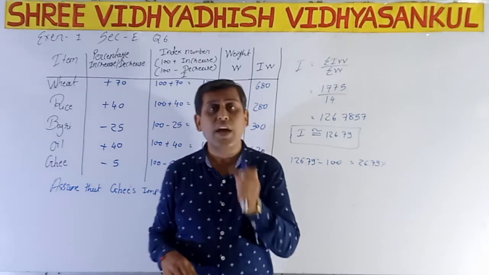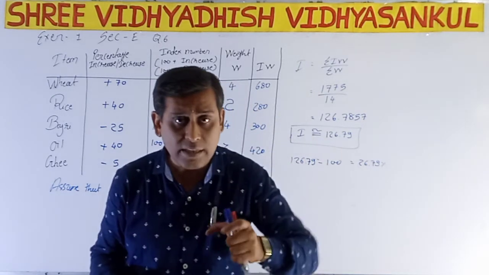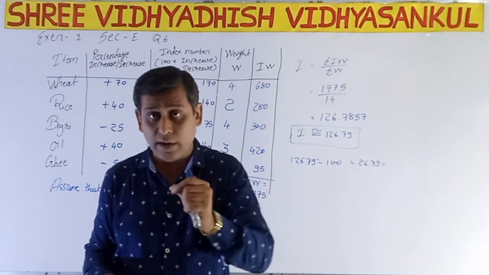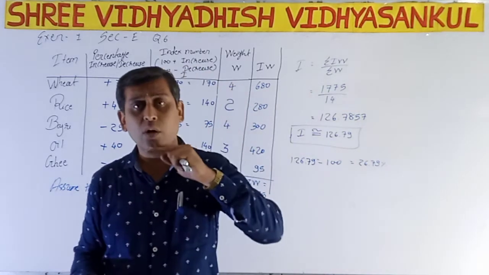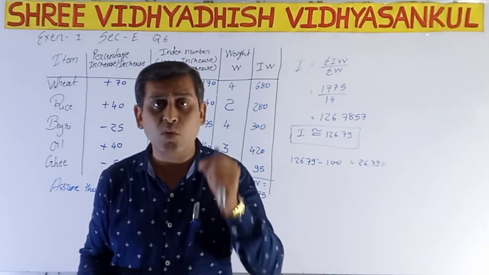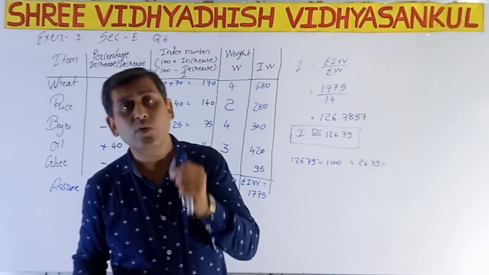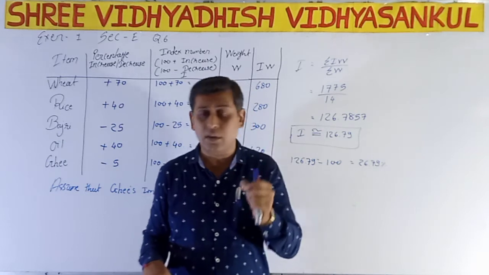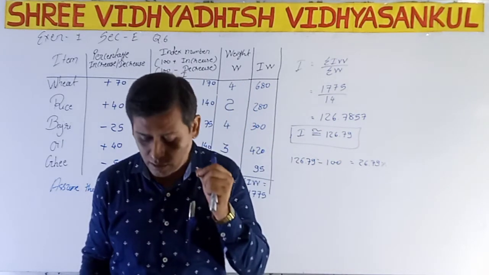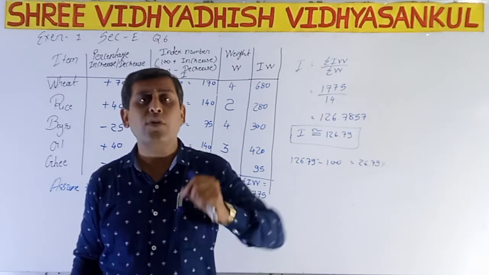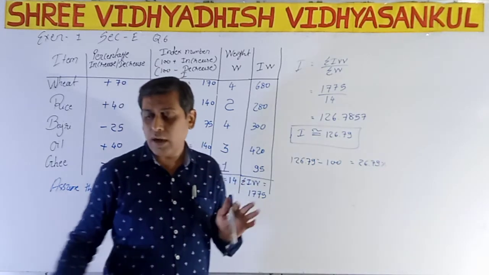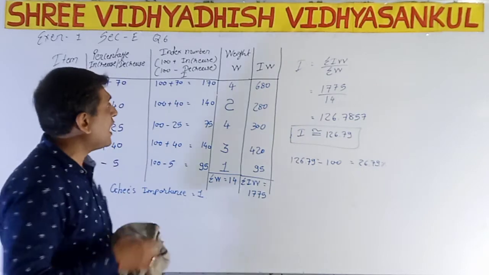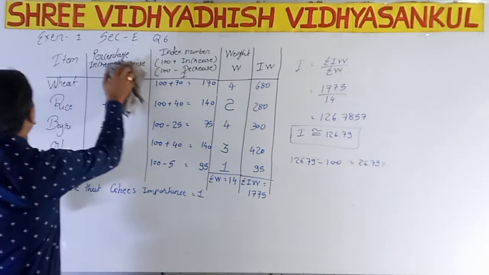That's why we have to convert that price by dividing by 12, and whenever we are dividing the price, the unit column will change. That is, in the unit column we have to write pieces, not dozen. Okay, so I have explained this sum fully. Now I am practically doing this sum.